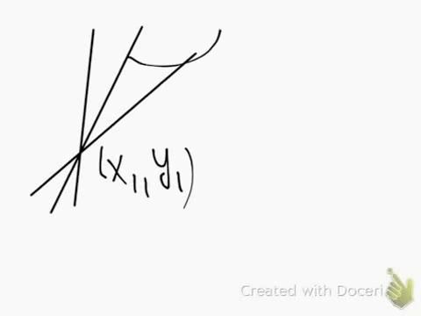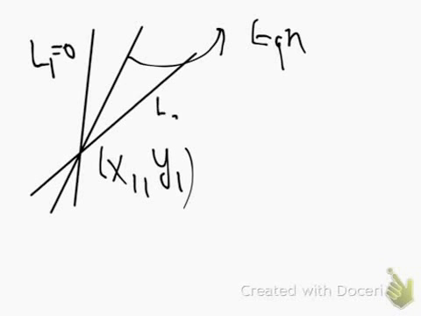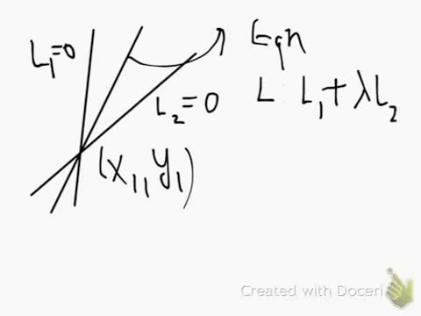Let the equation of this line be L1 = 0 and let the equation of this line be L2 = 0. Then the equation of this line, say L, would be L1 + λL2.